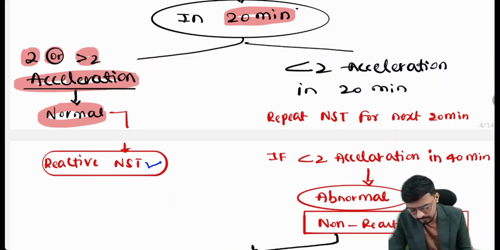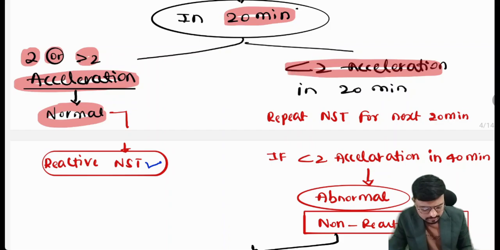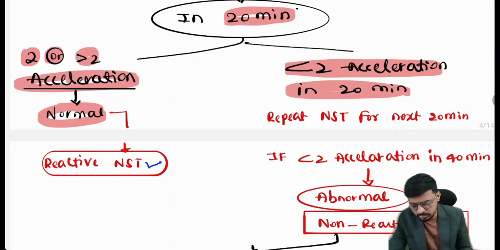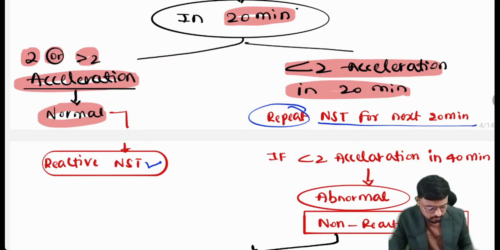If in the last 20 minutes there are fewer than 2 accelerations, what do we have to do? We have to continue the NST for 20 more minutes. In the first 20 minutes the fetal heart rate is not accelerating, so there are fewer than 2 accelerations. What is the next step?